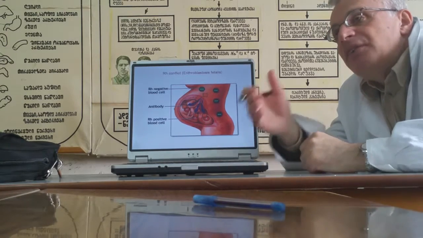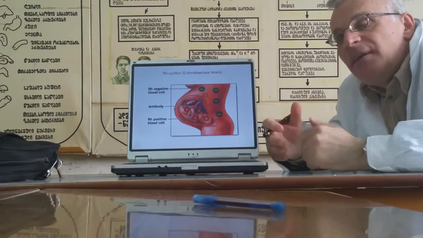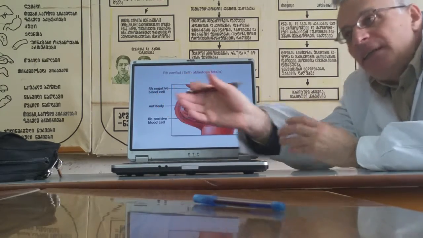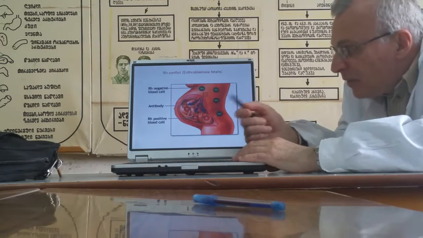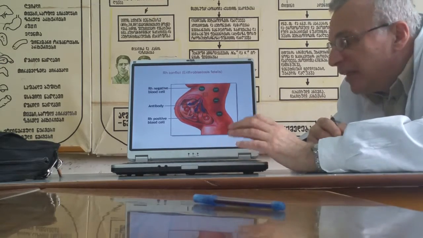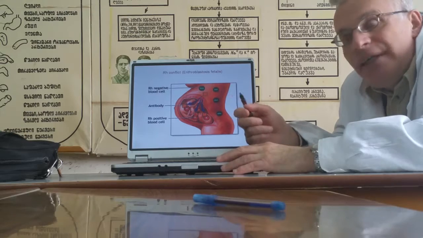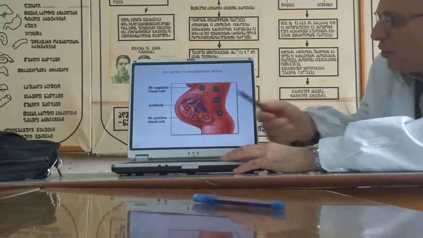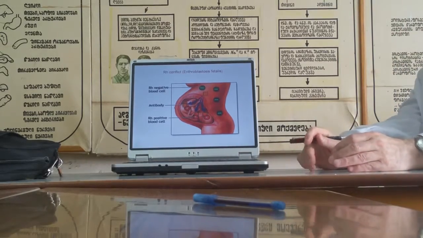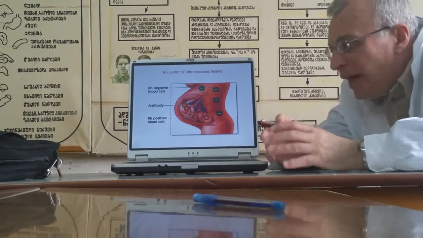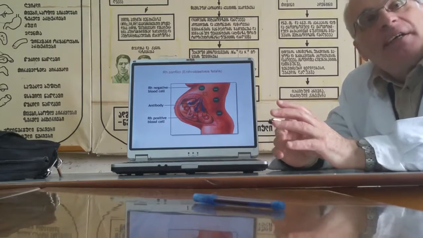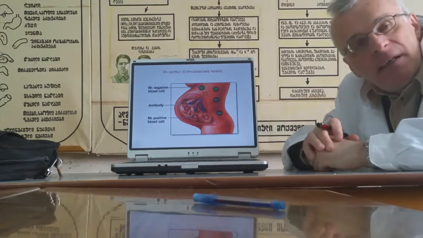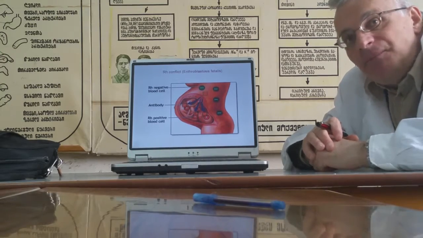If we transfuse rhesus-positive blood to a rhesus-negative person, it is dangerous. Such a conflict is called rhesus conflict, and we also have it between mother and fetus. It is dangerous when the mother is negative, meaning absent of the rhesus factor. What happens then?